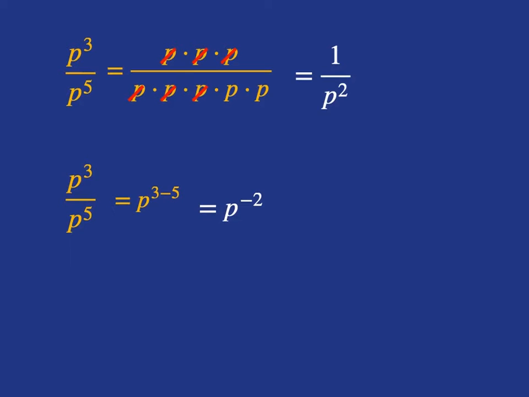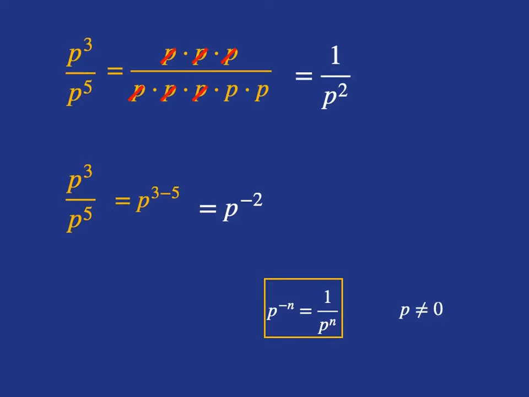And so, to keep things working nicely, we'd have to have that p to the negative 2 is equal to 1 over p squared. And so, in general, when we have a negative exponent, p to the power of negative n, it is equal to 1 over p to the n.